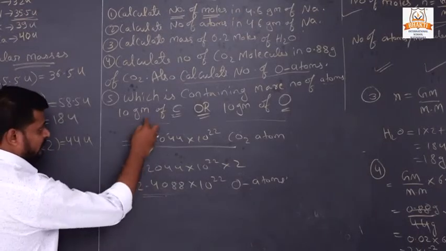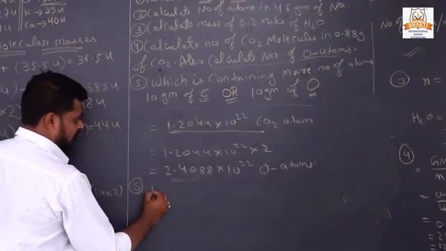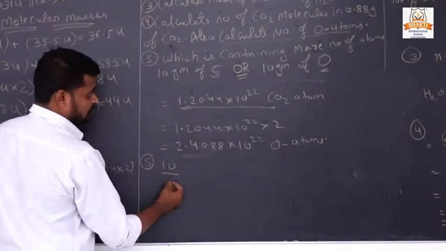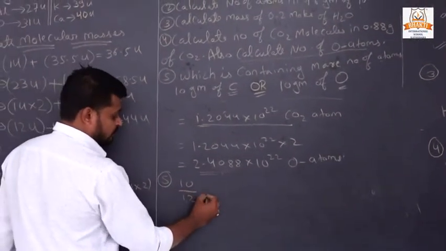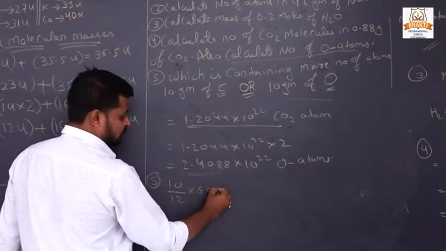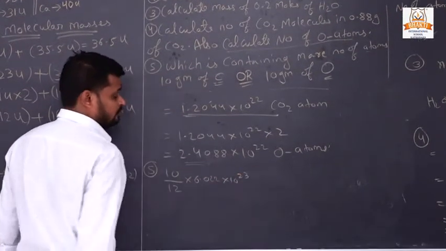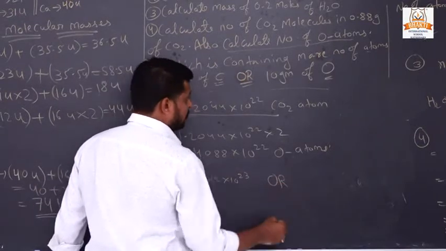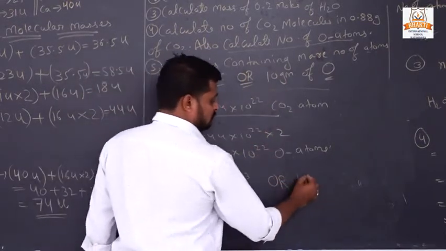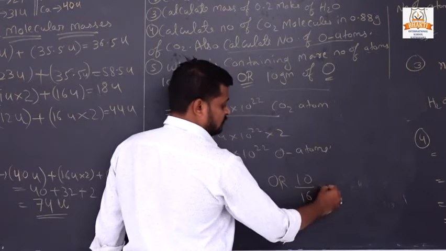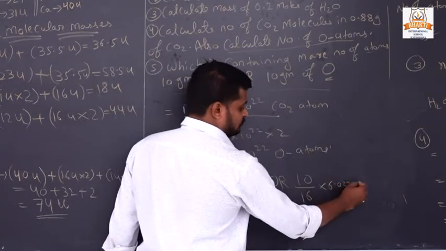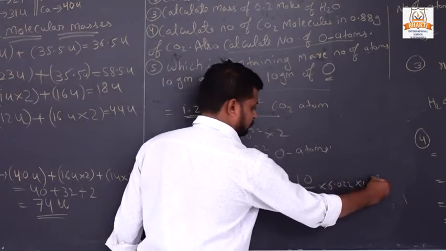So first, 10 gram of carbon: 10 gram given mass upon molar mass of carbon, which is 12, into 6.022 into 10 to the power 23. Or in 10 gram of oxygen, 10 upon 16 into 6.022 into 10 to the power 23.